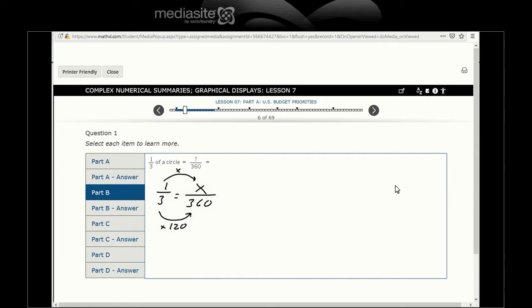Or 1/3 equals x over 360. Again, a cross product, then divide. So x is 1 times 360 divided by 3.